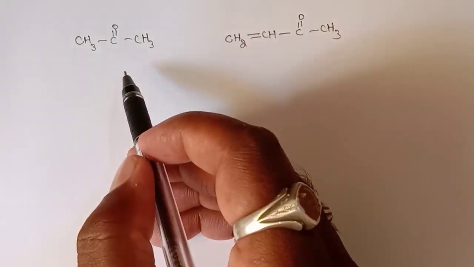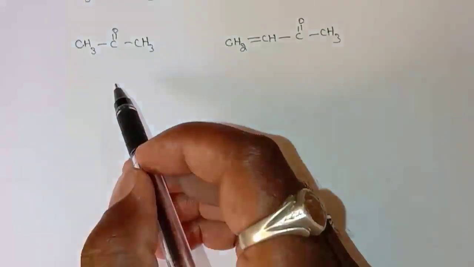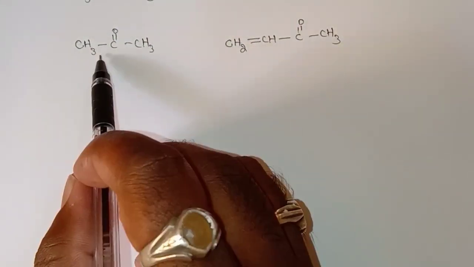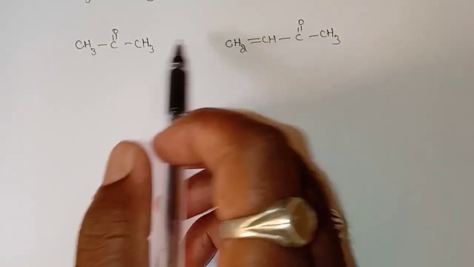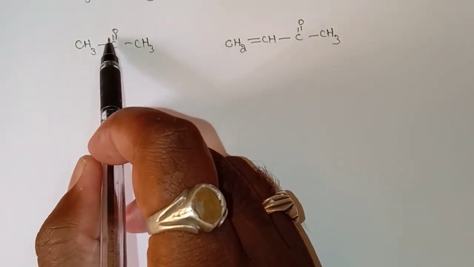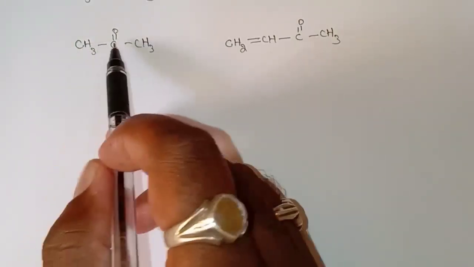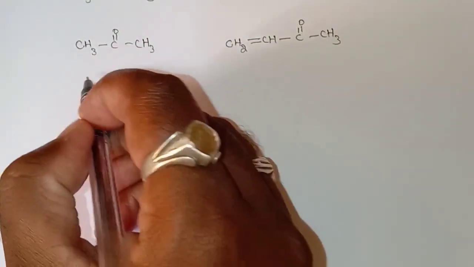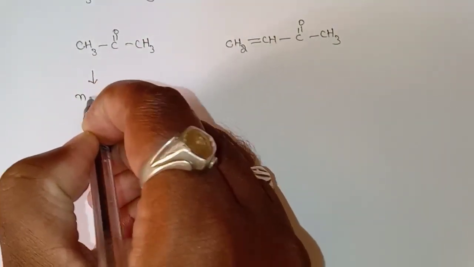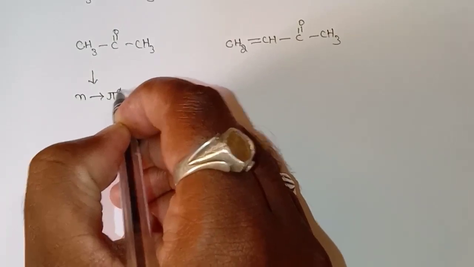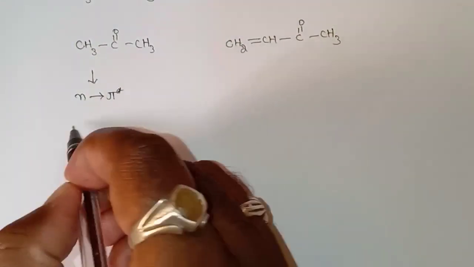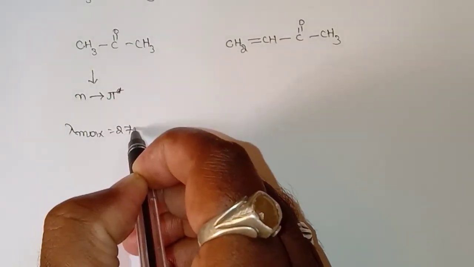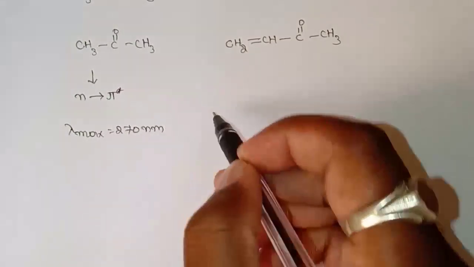When you pass UV-visible radiation onto samples of both materials, in acetone we have only a carbon-oxygen double bond as well as carbon-carbon single bonds. So we can notice only one electronic transition, corresponding to n to pi star, and the lambda max value for acetone is observed at a wavelength of 270 nanometers.